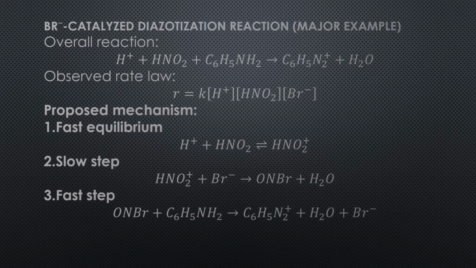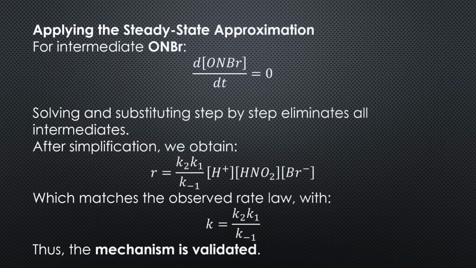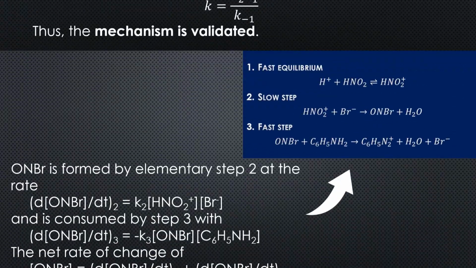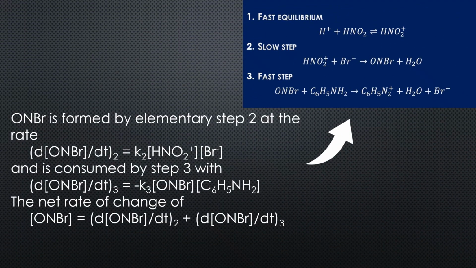Applying the steady-state approximation. For the intermediate nitrosyl bromide, the rate of change of its concentration with time is set equal to 0. Solving the steady-state expressions and substituting step by step eliminates all intermediates.